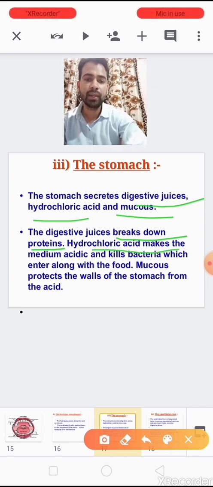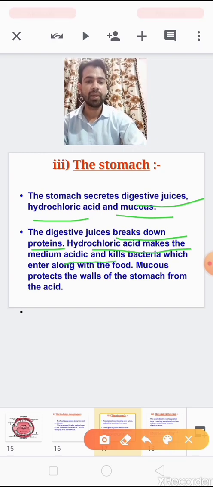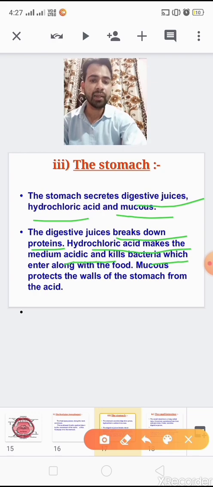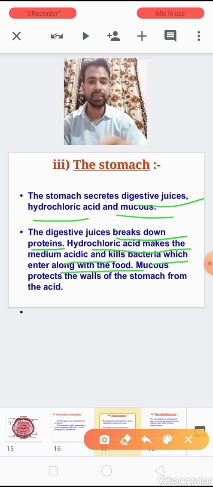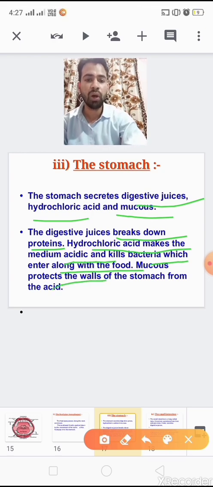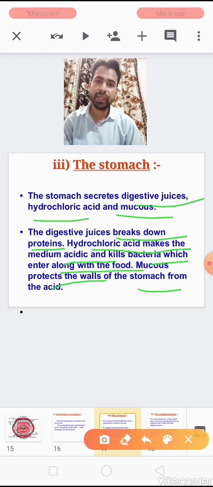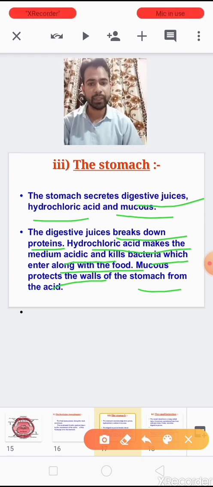Hydrochloric acid makes the medium acidic and kills bacteria which enter along with the food. And third, mucus plays a very important role in protection. It protects the wall of the stomach from the acid, that is hydrochloric acid.